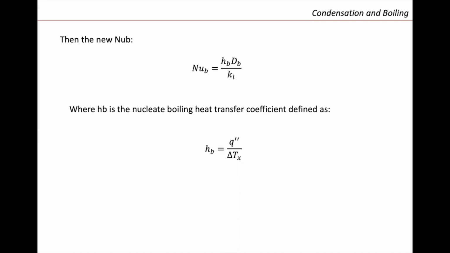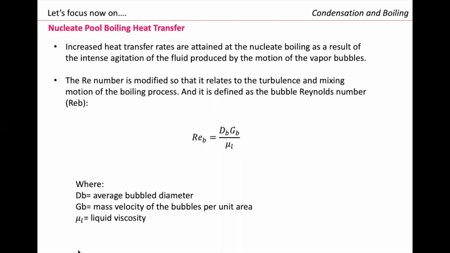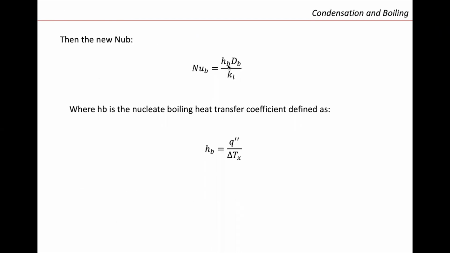Then we will have a Nusselt bubble. Our Nusselt bubble is HB, the convective heat transfer coefficient for bubbles, times dB, the average bubble diameter that we defined previously, divided by KL, the thermal conductivity of the liquid. HB is the nucleate boiling heat transfer coefficient, defined as the flux divided by the delta T excess, and we already defined the delta T excess.